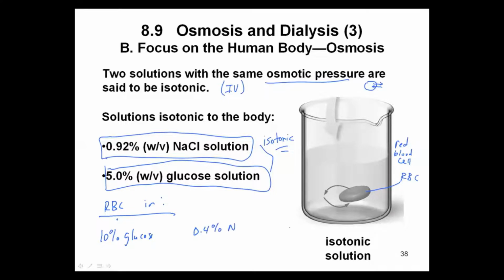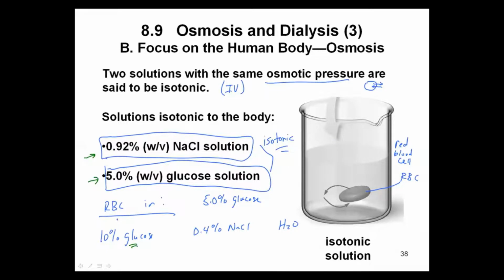Let's say we put it in some water. And let's say we put it in 5% glucose. So in each of these cases, decide what will happen to the red blood cell. So why don't you take a couple of moments here and try to figure out, if you put the red blood cell into each of these, what will happen to it. So we'll talk about it here in just a second.